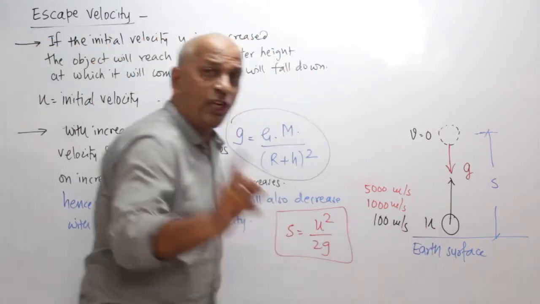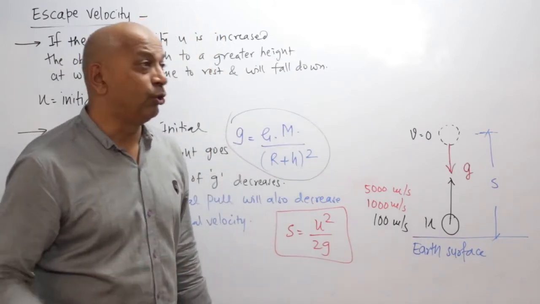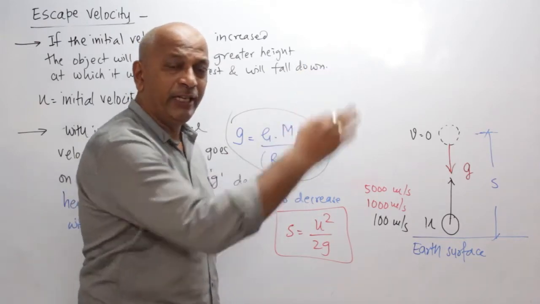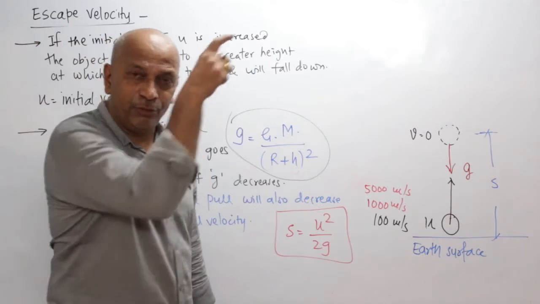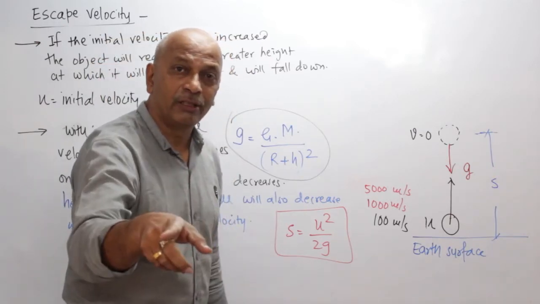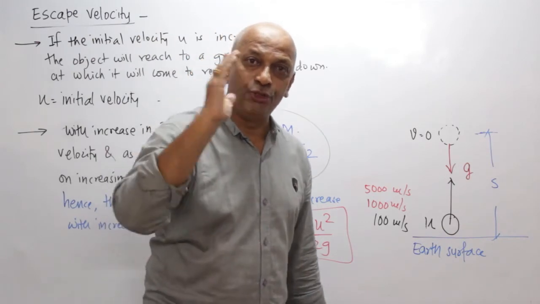It is that initial velocity, escape velocity is that initial velocity. If you give to that object, it will reach to infinity, or it will come to rest at infinity, and it will never come back to Earth because the gravitational acceleration at that point will become 0.